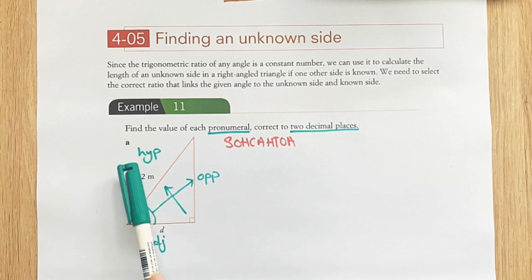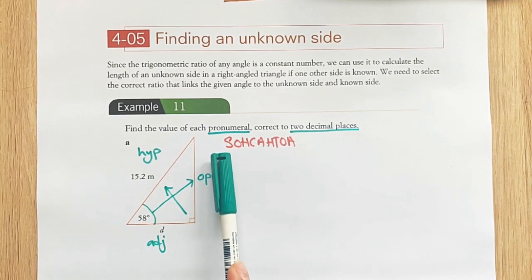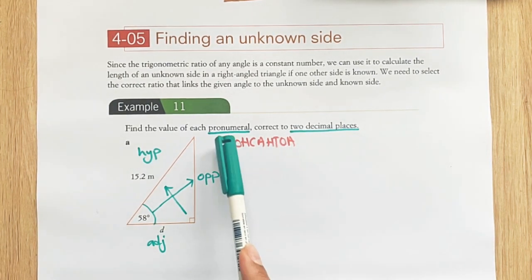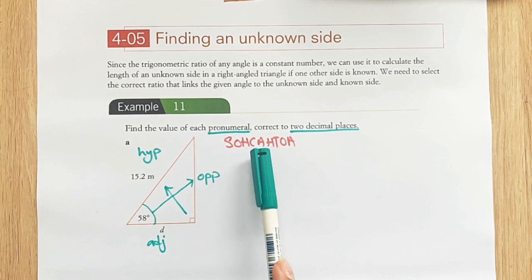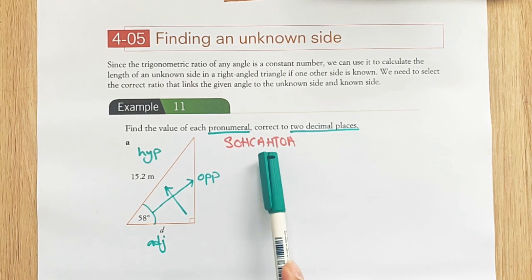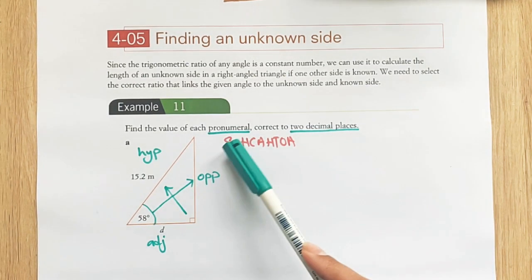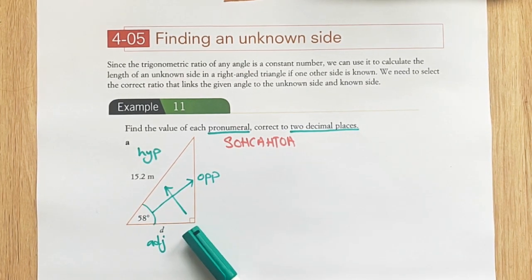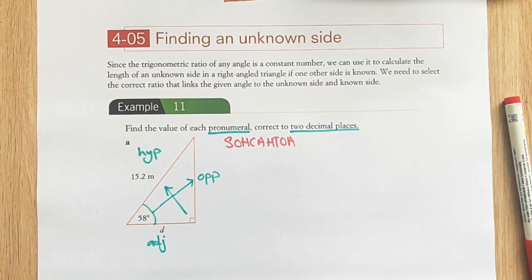For sine, the opposite side and hypotenuse are involved. We don't know anything about the opposite, so I'm going to ignore sine. For cos, the adjacent and the hypotenuse are involved. Here I have a hypotenuse and the adjacent, therefore I'll choose to use cos.